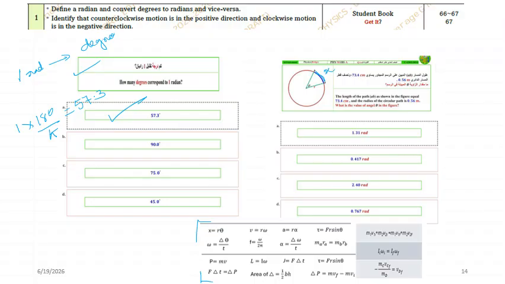AB shown in the figure is equal to 73.4 centimeter, and the radius of the circular track is given as 0.5 meter. What is the value of the angle in the figure? So you need to calculate theta.